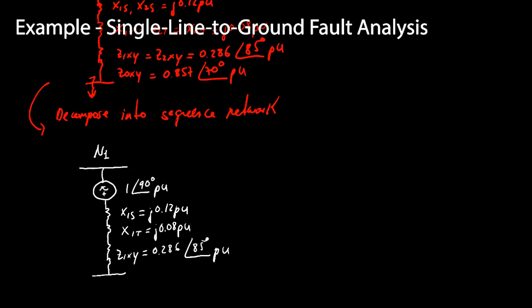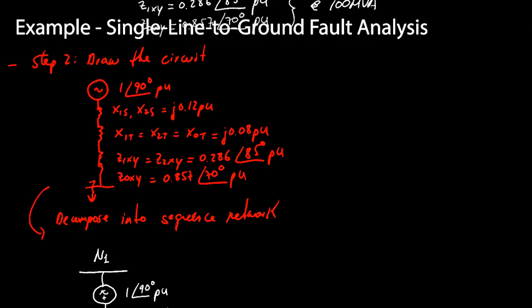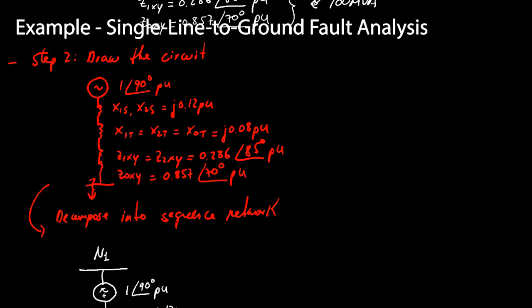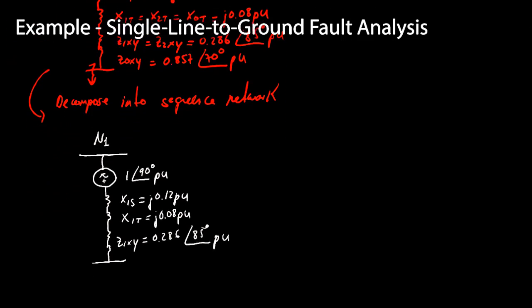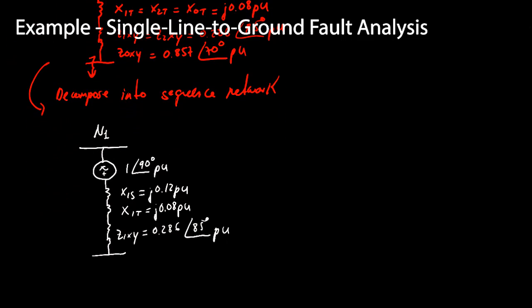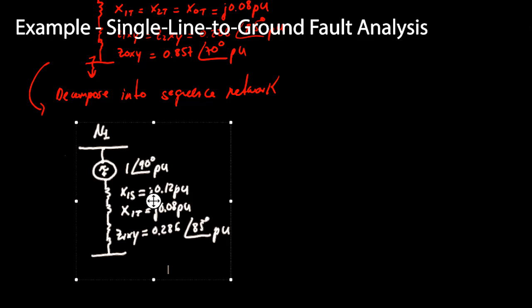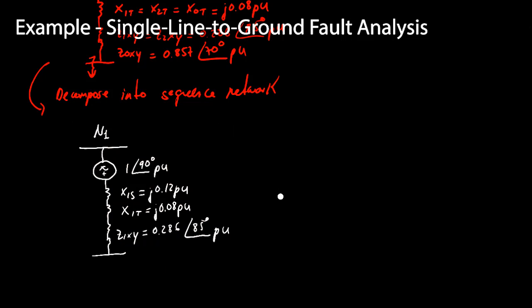Then we have to do the same thing for the negative sequence network. But again, notice here that for the system, the positive and negative sequence impedances are the same. Same thing for the transformer, and same thing for the feeder. So what I'm going to do here then is simply make a copy of this whole thing and paste it here.